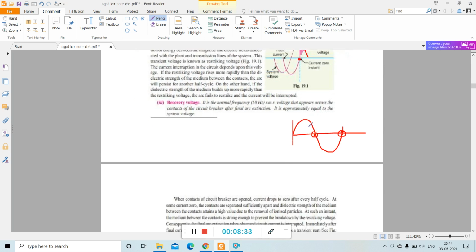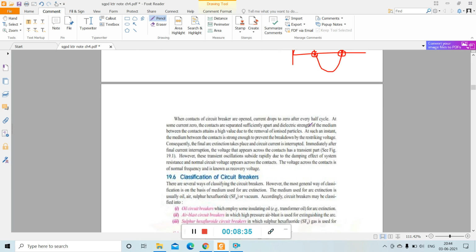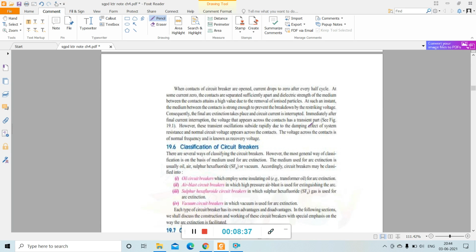Okay, so what happens here? See, when the contacts of the circuit breaker are opened, current drops to zero after every half cycle. So at some current zero, the contacts are separated sufficiently apart and the dielectric strength of the medium between the contacts attains a high value due to removal of ionized particles.